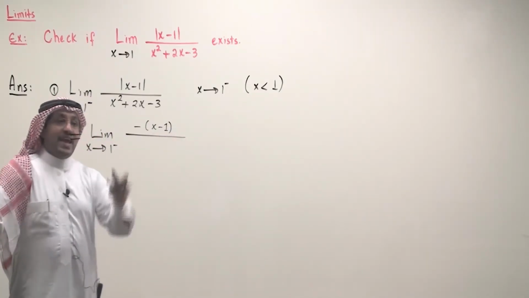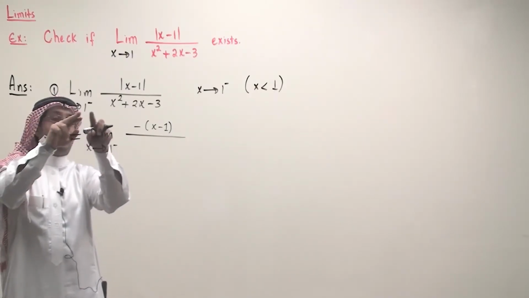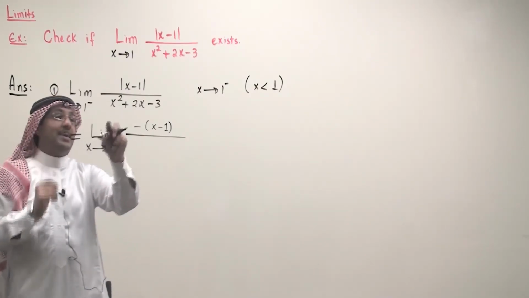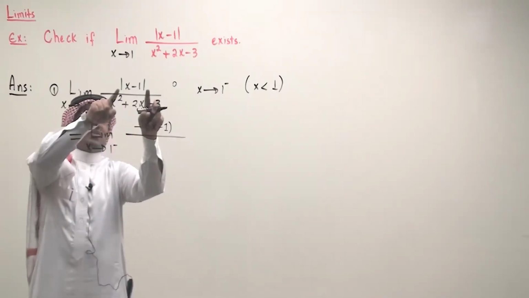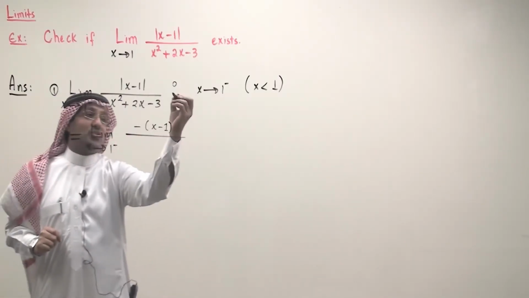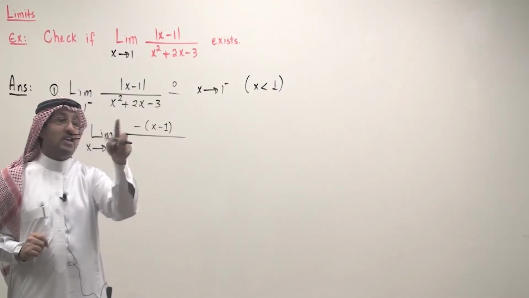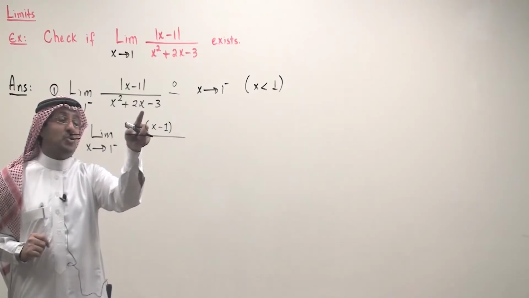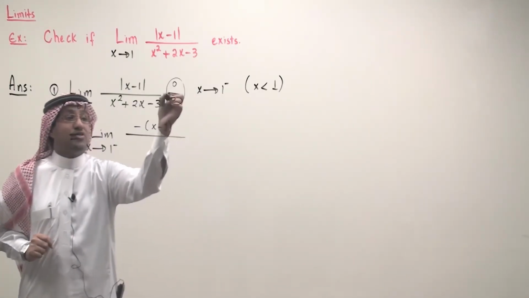for x less than 1 is going to become minus (x minus 1). All right? And this limit, when x goes to 1 from left or right, takes the form 0 over 0, because this one gets closer and closer to 0, and this one as well: when x goes to 1 from the left, it will be 1 plus 2, that's 3, minus 3, so it is of this form, 0 over 0.